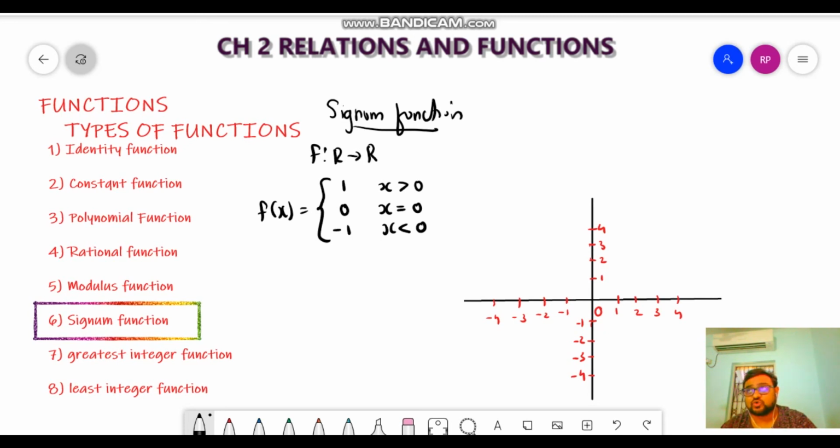Sometimes it is also written in the form of sign in front of the function, like this: f(x) is equal to |x|/x, x not equal to 0. So this will be the signum function.